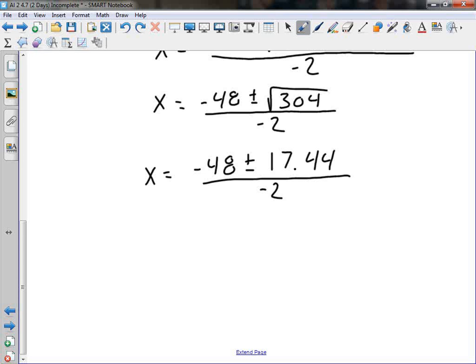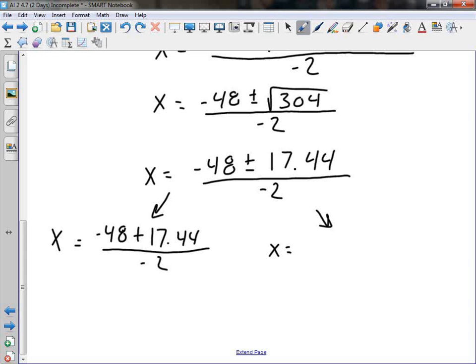Now once we approximate, we need to complete the problem using both the plus sign and the minus sign. So I could say x equals negative 48 plus 17.44 all over negative 2, and x is equal to negative 48 minus 17.44 all over negative 2.